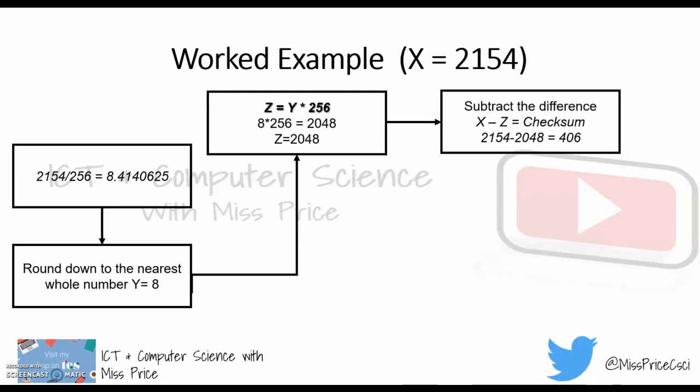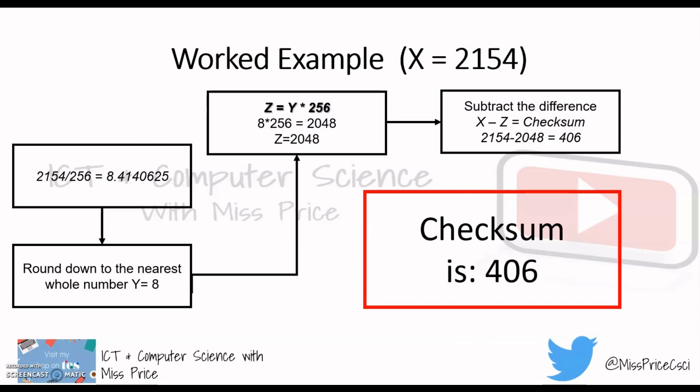Then you're going to subtract the difference. So do you remember our value of x, which is 2,154? We're going to subtract that from z, which is 2048. So that will give us a checksum of 406. So our checksum is 406.